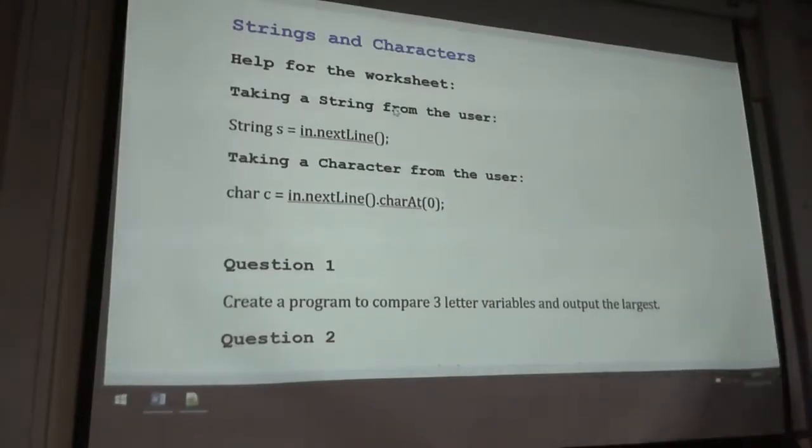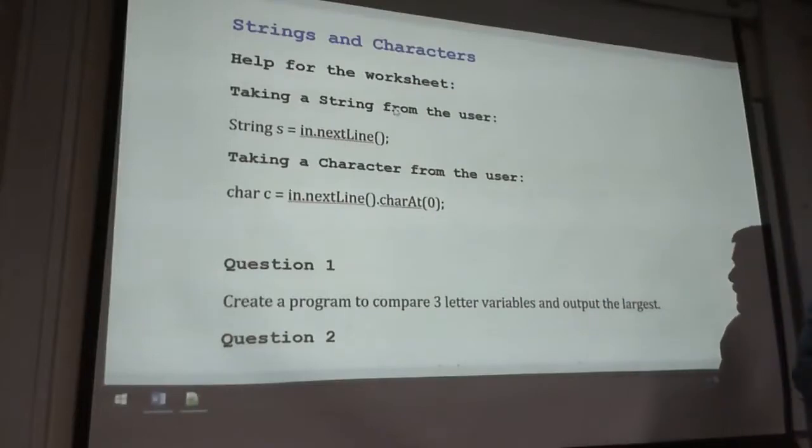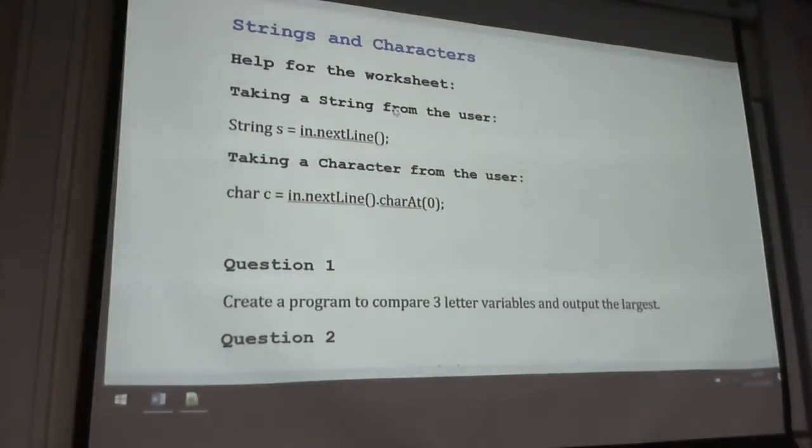Okay, so for this worksheet, we need to bear in mind that if we were to take user input, however, all of my solutions are going to ignore user input to keep it nice and compact on the screen. But if we were taking input from a string, we're going to use the nextLine command, but irritatingly, there isn't a next char command for taking in a single character.